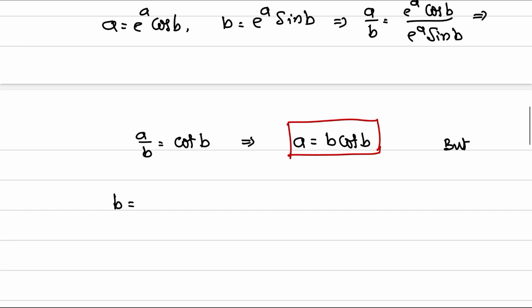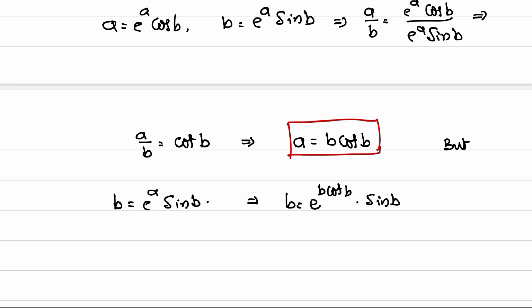b is equal to e to the power of a into sin b. We will replace this a value in this. b is equal to e to the power of b cot b into sin b.